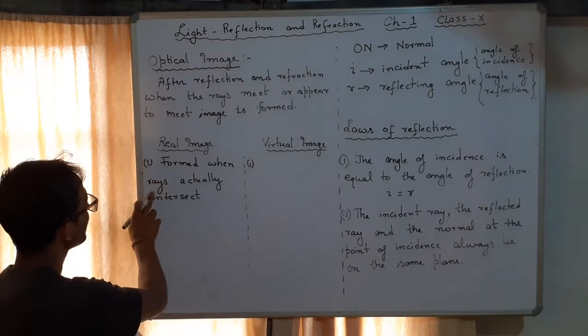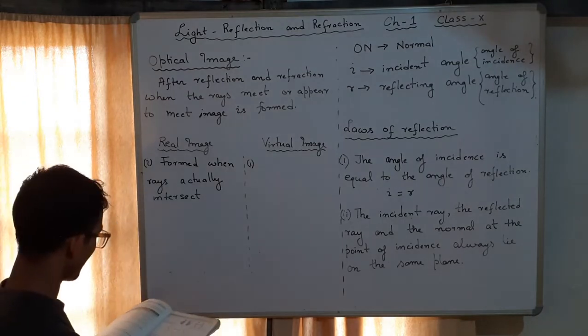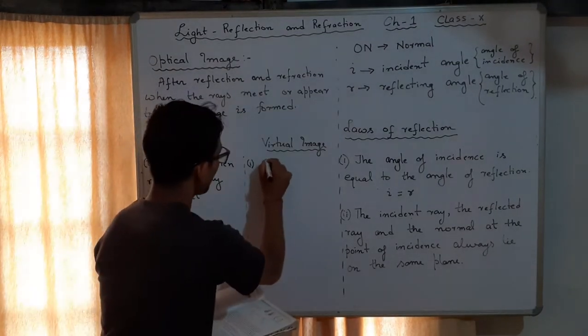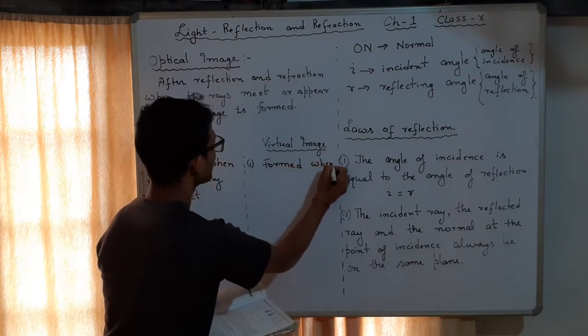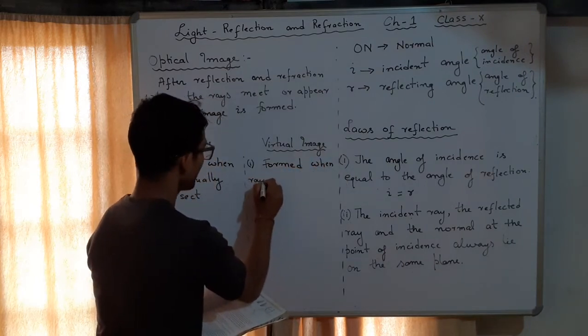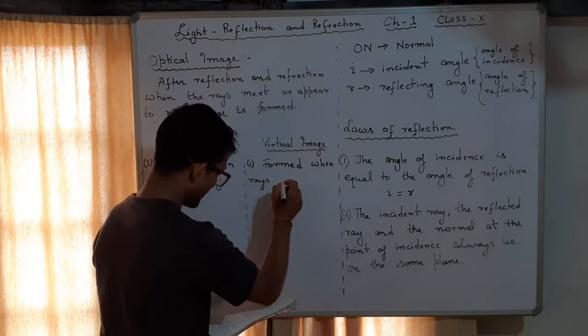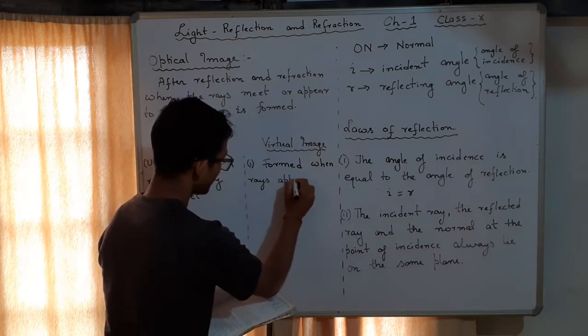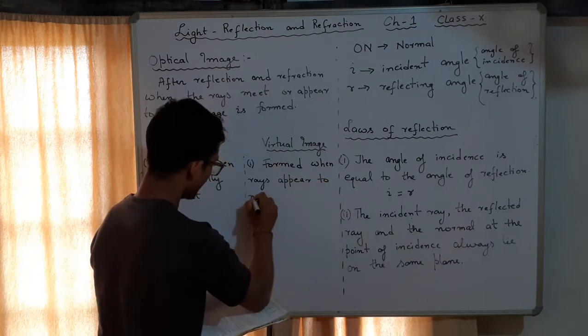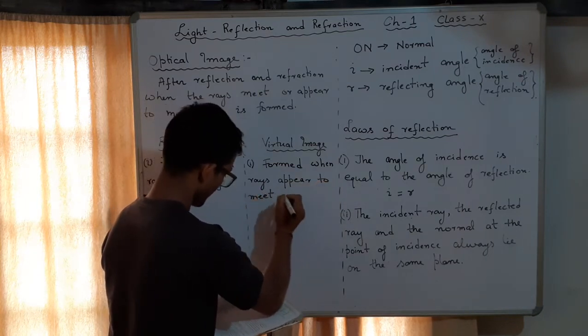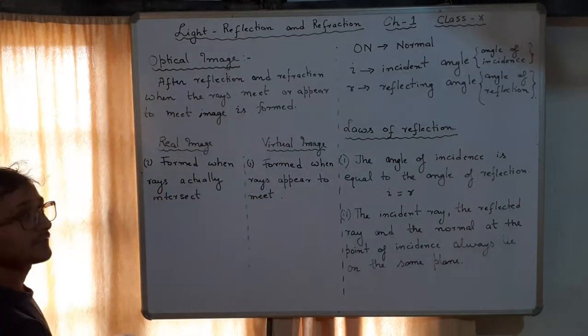Rays means incident ray or the reflected ray or refracted ray. Virtual image is formed when rays appear to meet. Meet means intersect again.